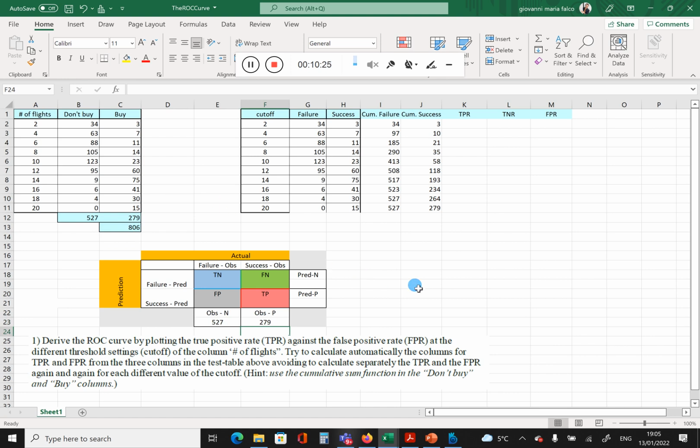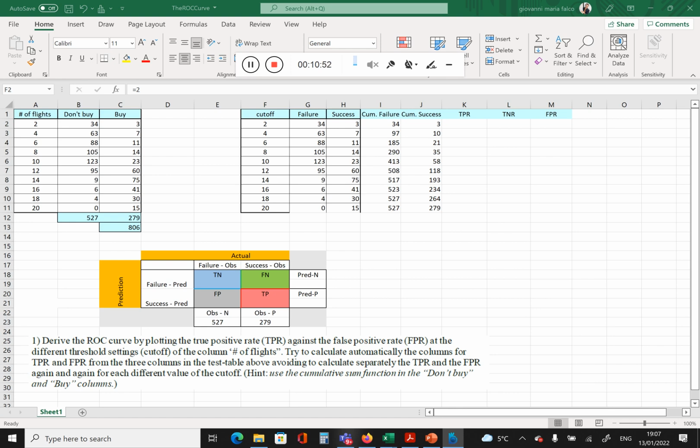Then, suppose that I have set the cutoff to 2. What does this mean? For example, if I want the true positive rate, then I have to take the true positive divided by the total observed real positives.